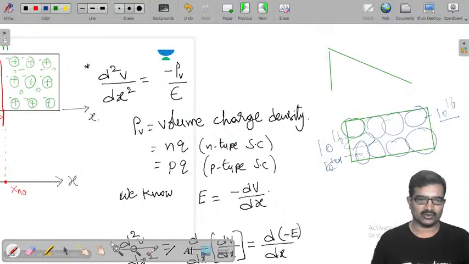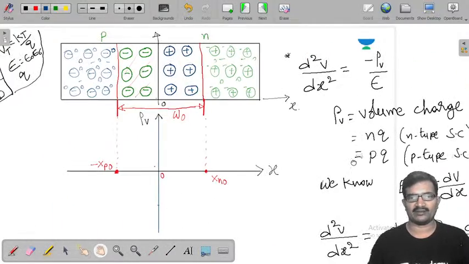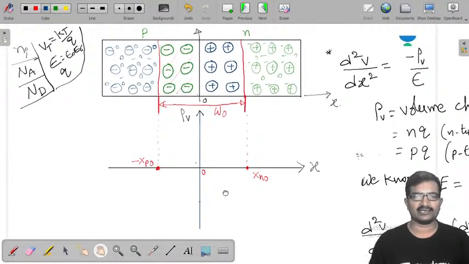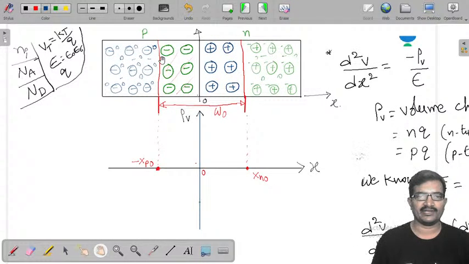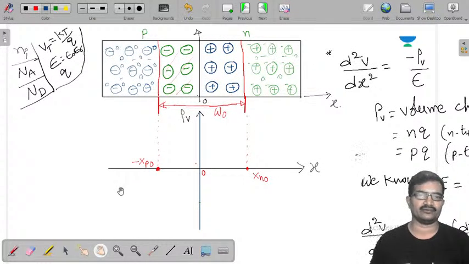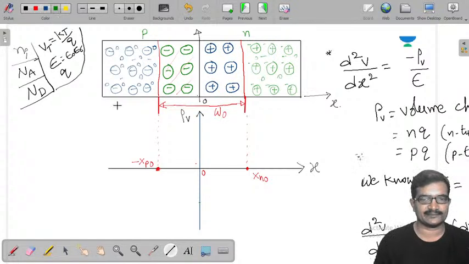Because of that uniform doping, the rho V plot from here to here is a constant value, and it is a negative one. So now it is like this, constant. And from here to here it is electrically neutral, because the net charge posed by this region is 0.